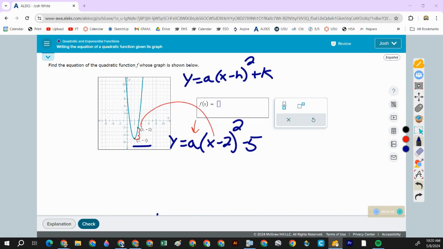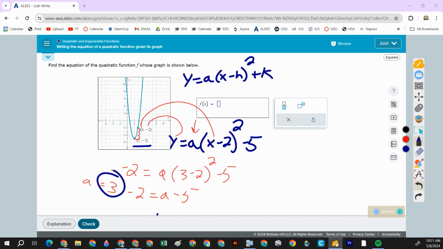I'm going to plug 3 in for x and negative 2 in for y. So negative 2 equals a times 3 minus 2 squared minus 5. 3 minus 2 is 1. 1 squared is 1. So negative 2 equals a minus 5. Add the 5. A equals 3.